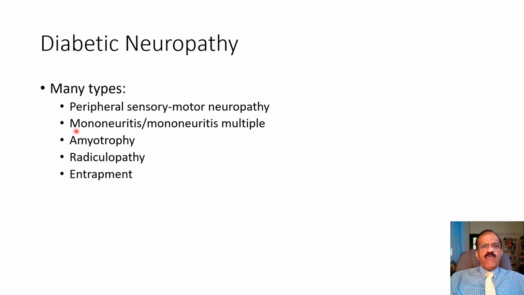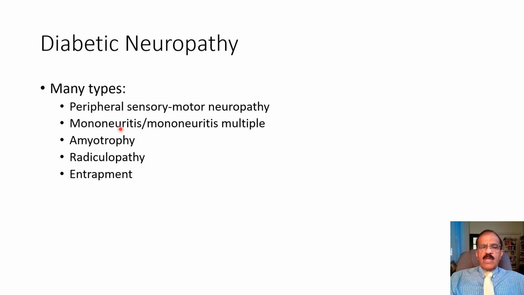The mechanism of mononeuritis is different than peripheral sensory motor neuropathy. That is an axonopathy, which means it's permanent, and this one is luckily reversible. There is involvement of the polyol mechanism, and there is actually deposition of sorbitol in the nerve that causes edema, and that causes temporary nerve dysfunction.